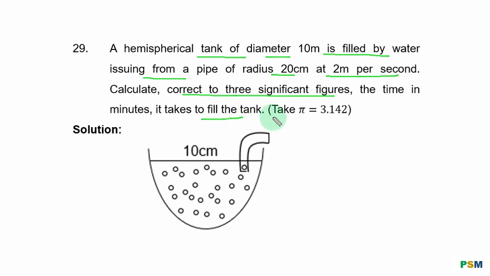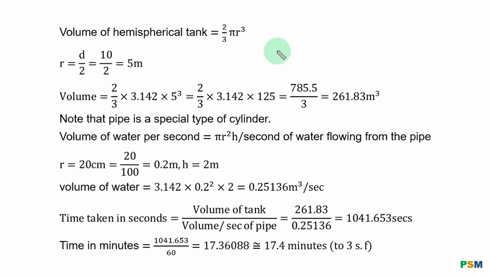Take pi equal to 3.142. Solution: you have the tank in form of hemisphere, the water flowing in from the pipe. This is the diameter of the tank. Volume of hemispherical tank is equal to 2 over 3 times pi r cubed.